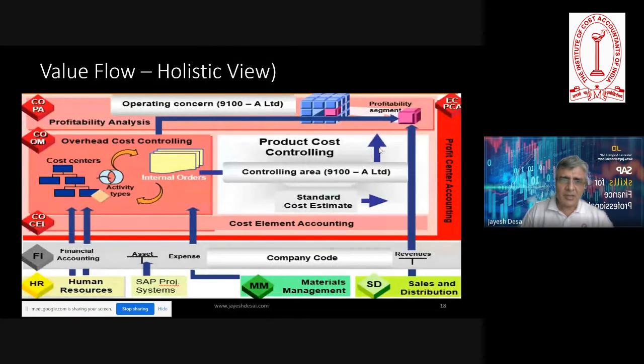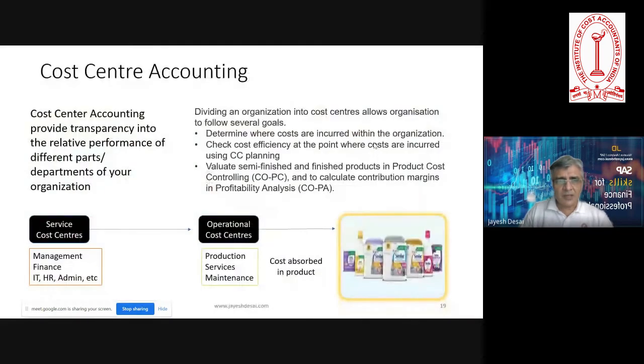And again, this is more description of that same flow. Then we looked at cost center accounting, and we tried to understand the cost elements and the cost center. We understood the difference between primary cost and secondary cost.